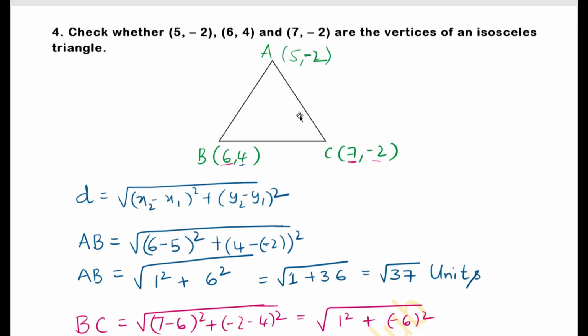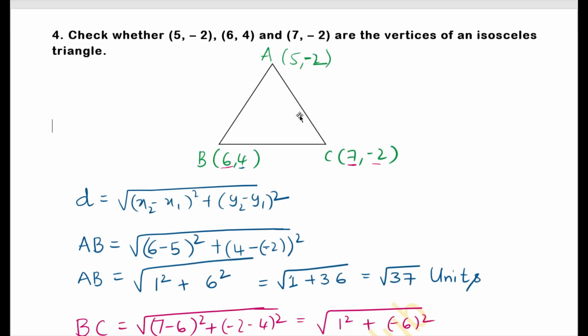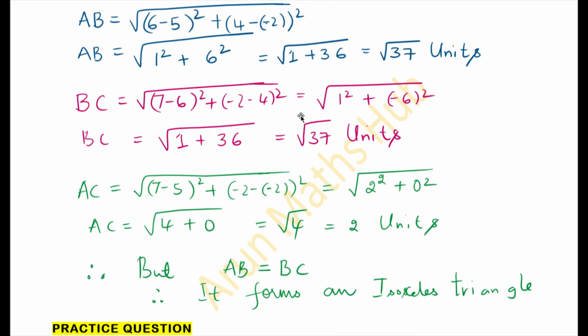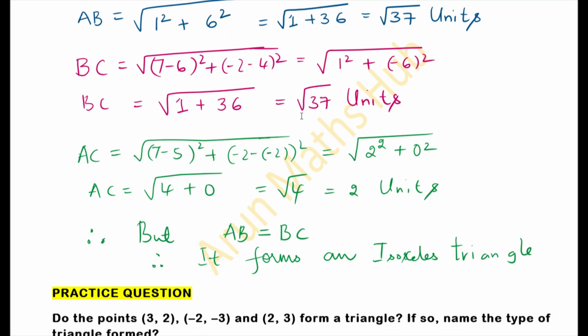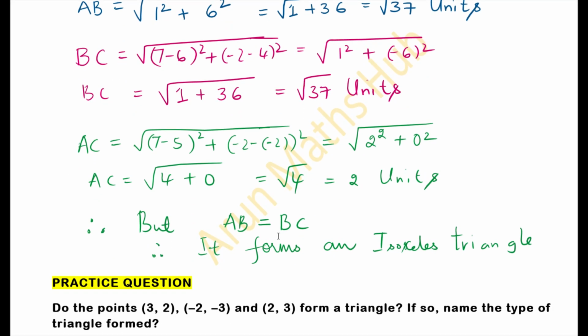Considering the points A as (5, -2), B as (6, 4) and C as (7, -2), and finding the lengths of the sides AB, BC and CA and checking whether they satisfy the condition for an isosceles triangle, it is satisfied, that is, side AB equals BC, hence it forms an isosceles triangle.